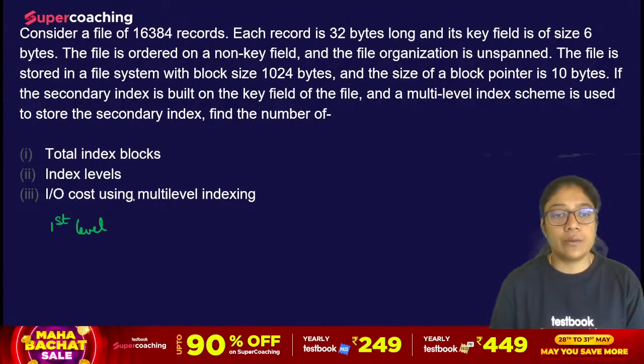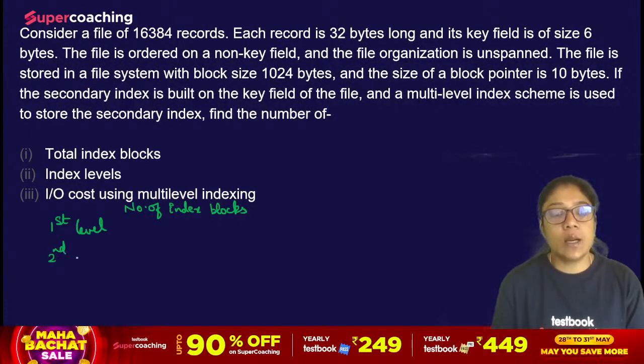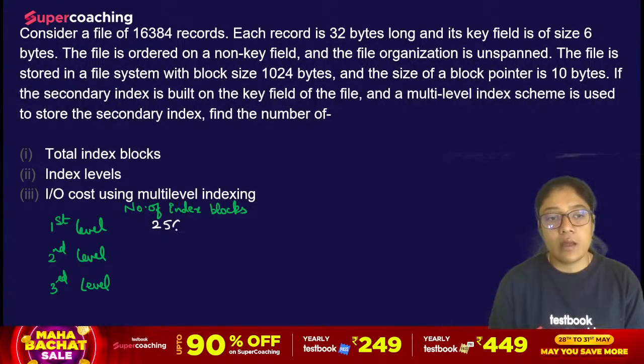Let me write here: number of index blocks at the first level, at the second level, at the third level. At the first level, number of index blocks are coming out to be 256. At the second level, it is coming out to be 4. At the third level, this comes out to be 1.